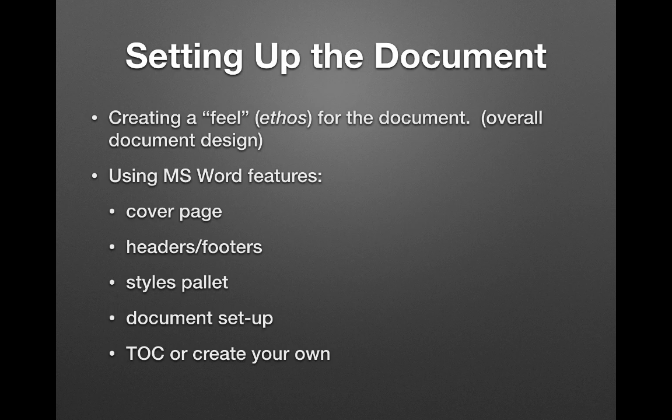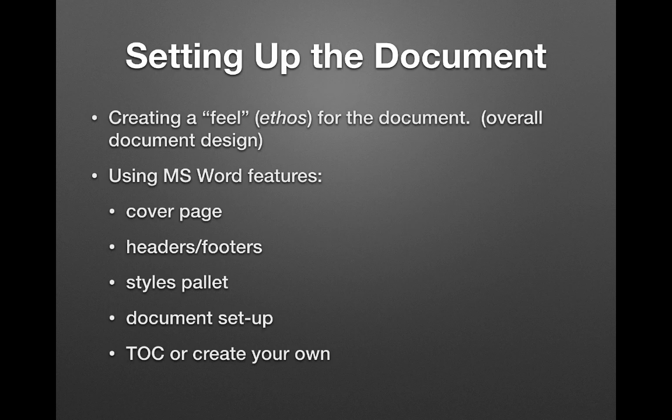Setting up a cover page, setting up headers and footers, using the styles palette, going into document setup, and then I'm going to talk about creating a table of contents, but also show you that there is a table of contents feature in Microsoft Word. And I really don't use it much myself, so you'd have to figure it out on your own.